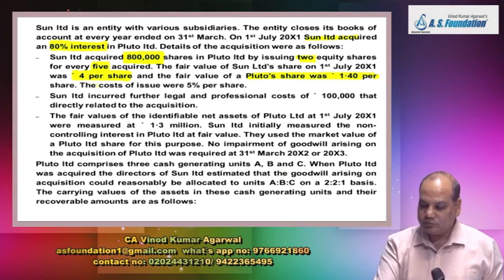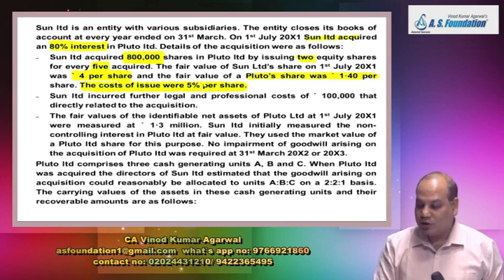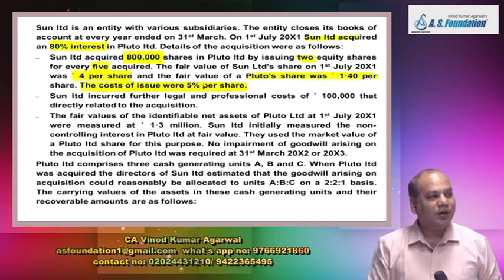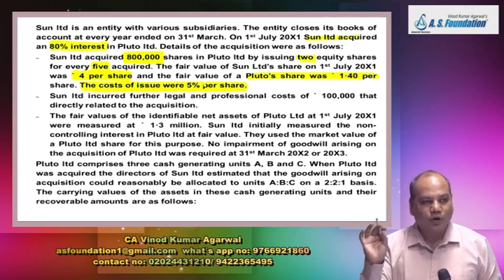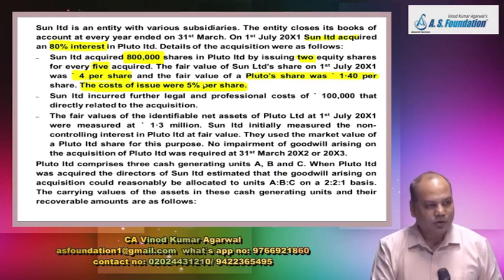Now, one more thing. The cost of issue was 5%. Now, this line is not useful to us in this chapter. In business combination, under IFRS 3, you will learn that all acquisition related costs are charged to the P&L account. They will not form part of consideration. So this will not affect my goodwill.